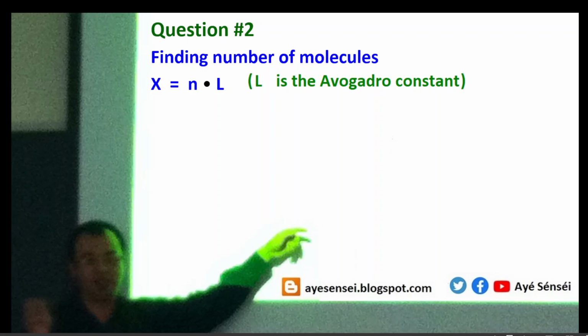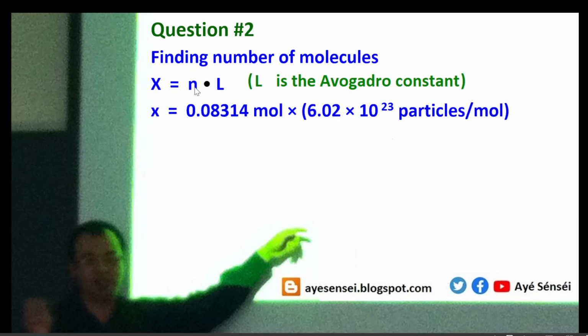Basically we have got the n value, 0.0830 something, and then multiplied by the Avogadro constant. Using a calculator you can get this value, 5.01 times 10 to the power of 22 molecules. So the answer is B.